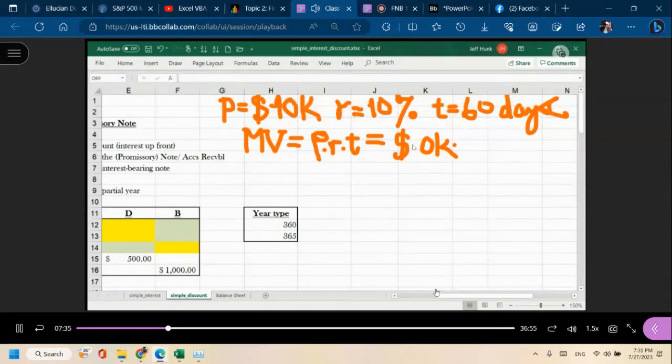Drawing with the mouse is not that easy, right? 10K times 1 plus 0.1 times 60 over 360, which will be 1 over 6, right? Okay, that's the maturity value, if you hold on to it until maturity.